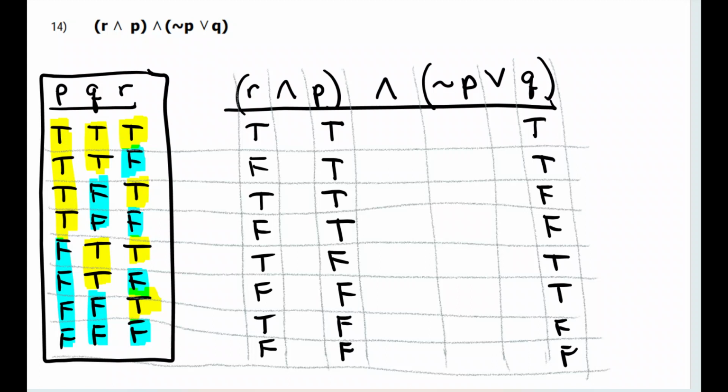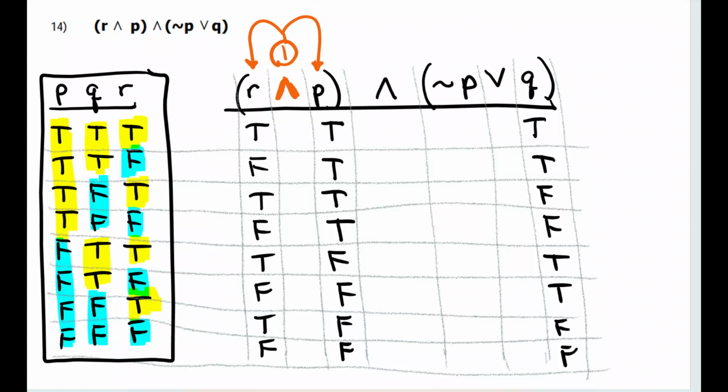And now I'm going to switch to color. And I have 1, 2, 3, 4 columns I'll have to fill in. If I just go from left to right, this is my first column, and it is an AND, and you simply do the AND between the R column and the P column.